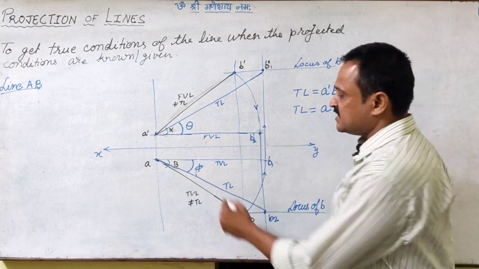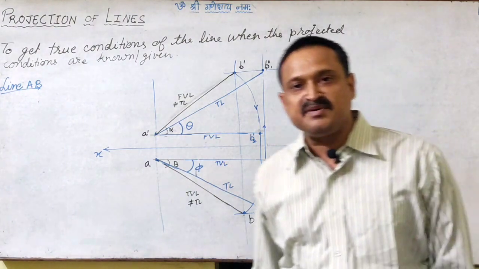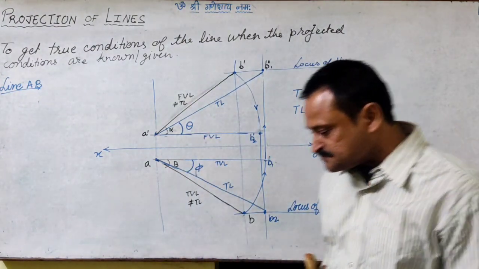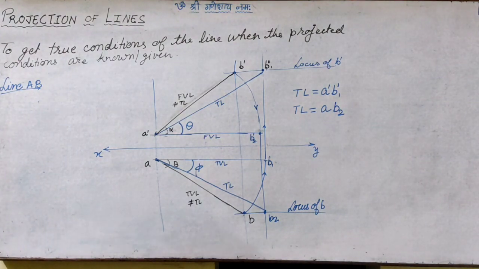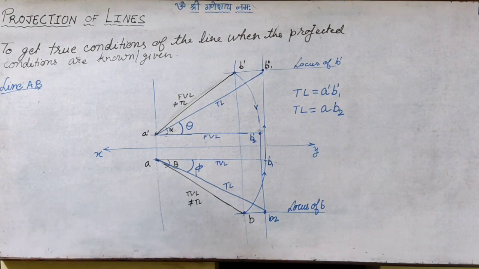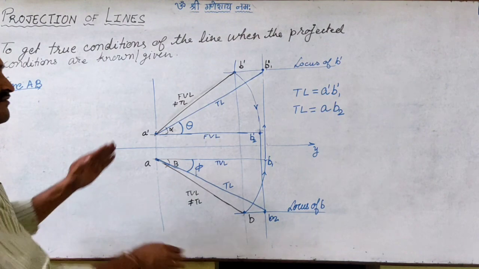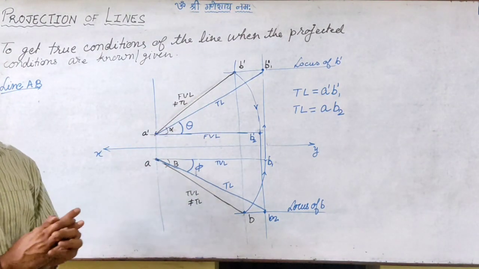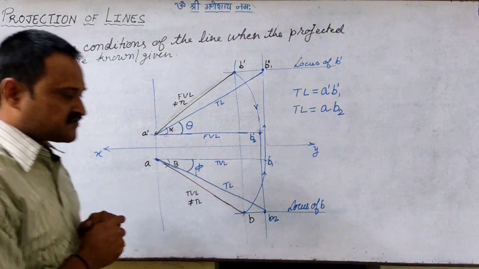So we have determined it, and the inclination of AB2 with the XY line will give me the true inclination with the vertical plane. So that is how we will always use those basic fundamentals we have seen for projection of a line in the simplest condition, and in such a way we can determine the true conditions of the line.